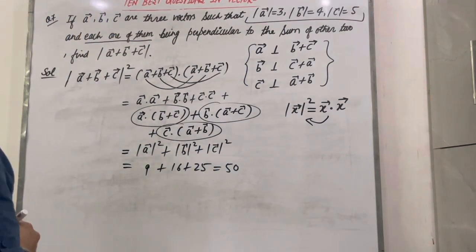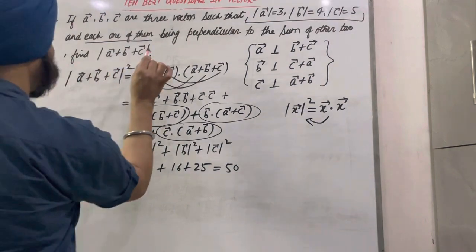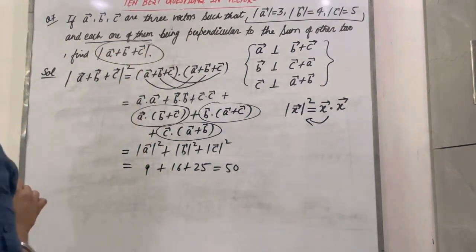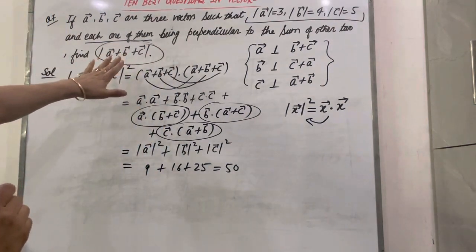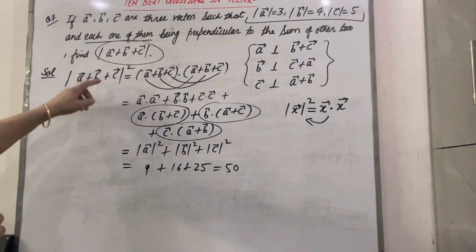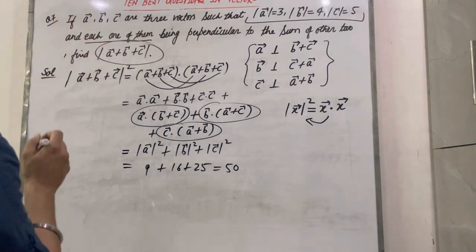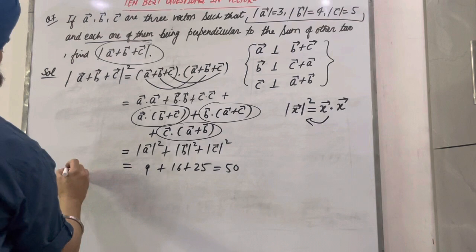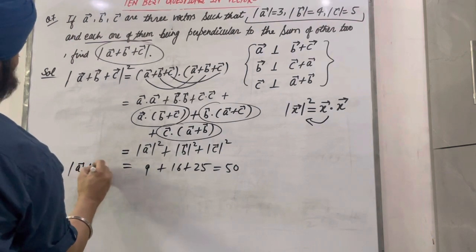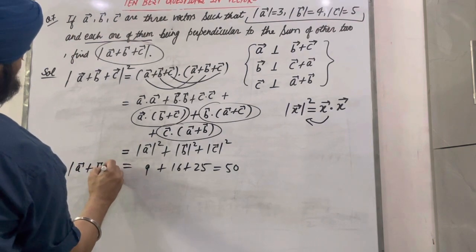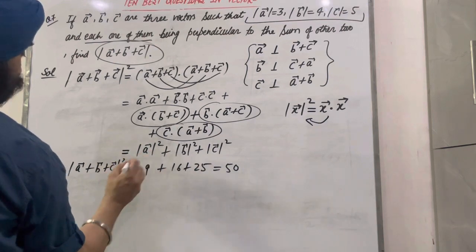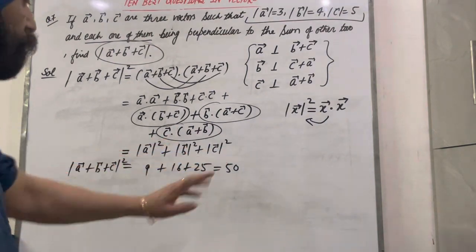Here, what are we being asked for? We're being asked to find the magnitude of vector A plus vector B plus vector C. Remember, we started with the square of vector A plus vector B plus vector C. So I'll be writing magnitude of vector A plus vector B plus vector C whole square. Its square comes out as 50.